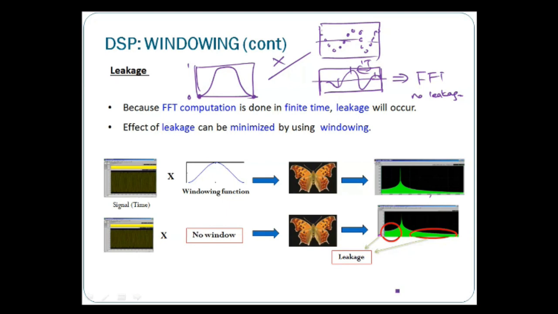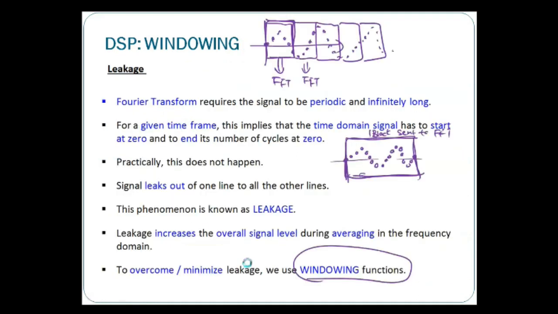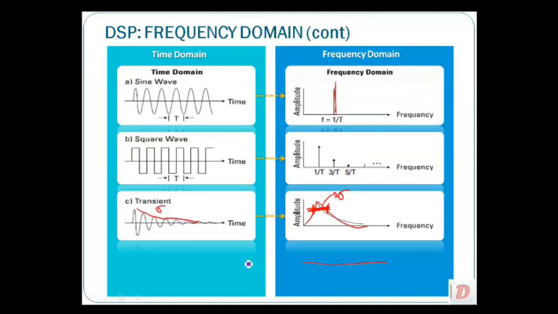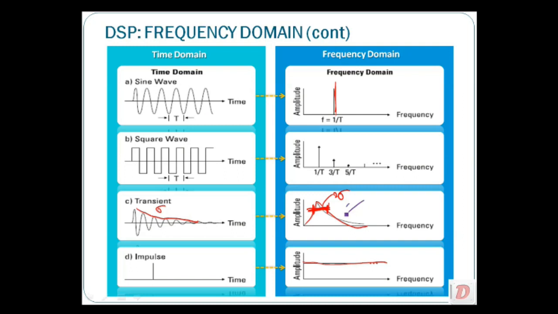So instead of one sharp peak here, you will see some sort of broad peak going like this. It's something like what you saw just now in the transient signals. It will go something like this, but in fact it is not like this.